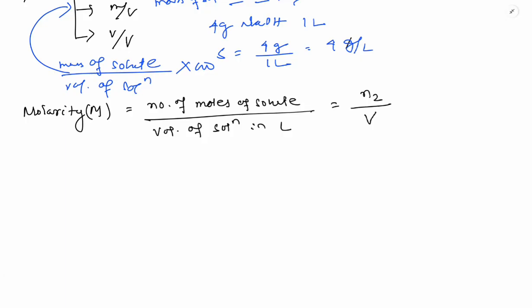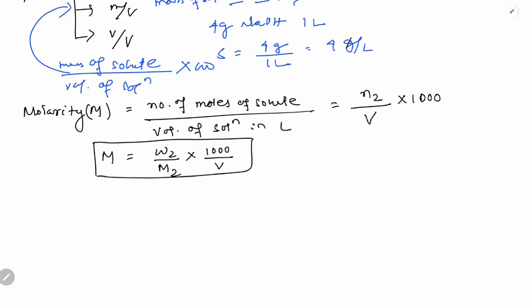That's why I have to convert it into liters by dividing by 1000, which is treated as into 1000. Now what is the number of moles? Given mass W2 by molar mass M2, into 1000 by volume. This is our molarity formula.